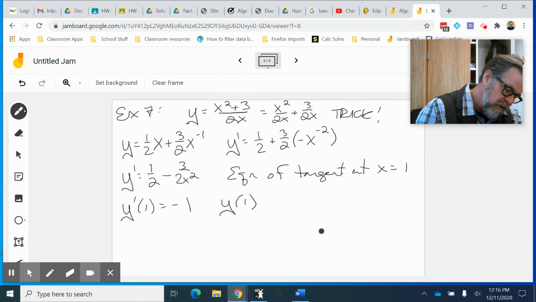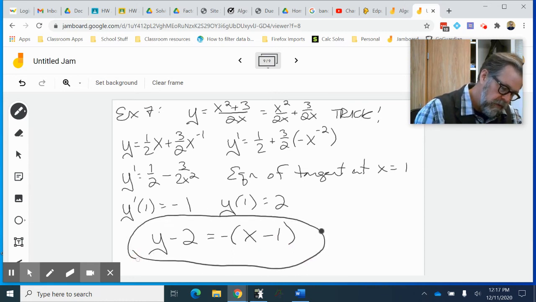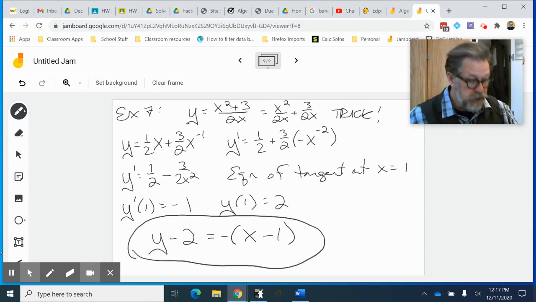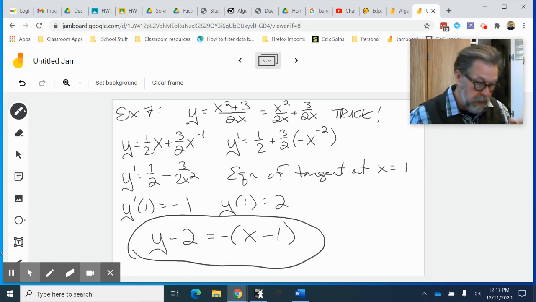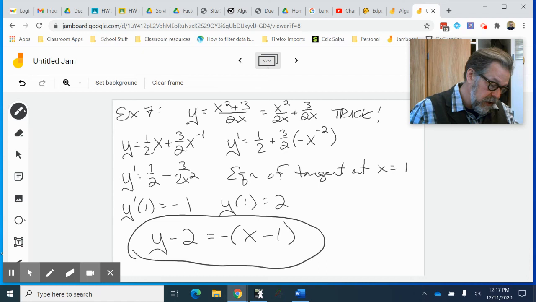I need y of 1, and plugging 1 back into the original equation, I realize that's 1 plus 3 divided by 2, which is 4 divided by 2, which is 2. And in point slope form, my equation is y minus 2 equals the negative of x minus 1. If you don't know point slope form of the equation, it's super useful, super helpful. No calculations required to find b, the y-intercept.